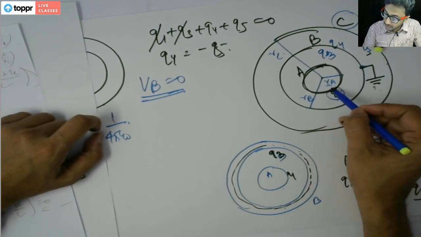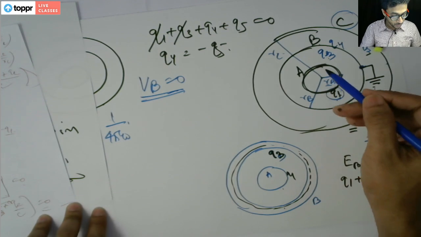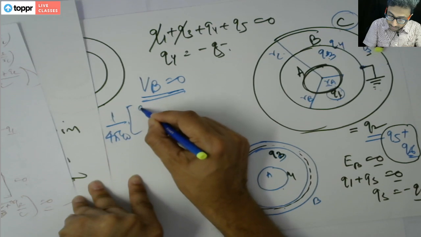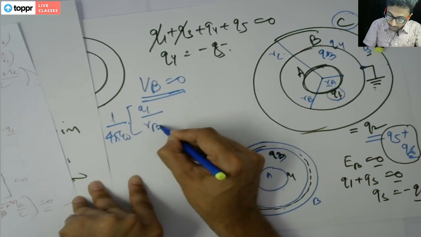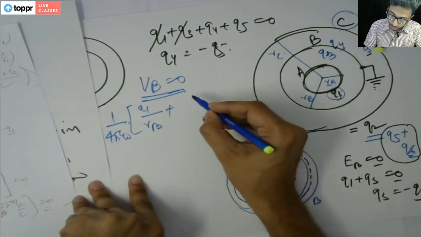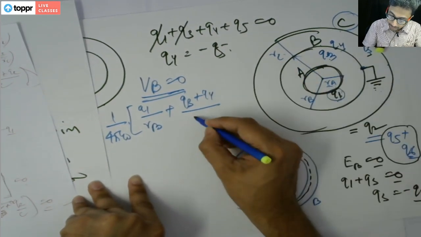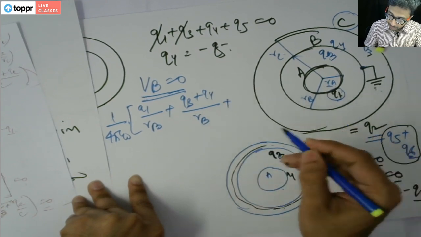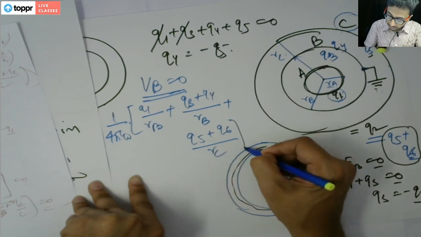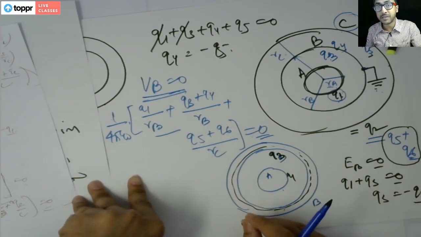This potential equals Q1 by RB plus, this total charge Q3 plus Q4 by again RB, plus Q5 plus Q6 by RC. Now, this total becomes 0.